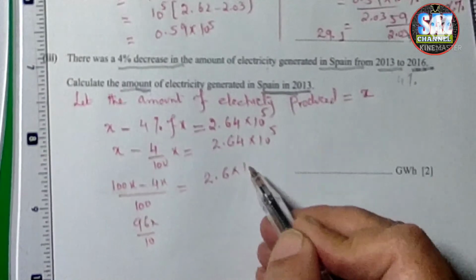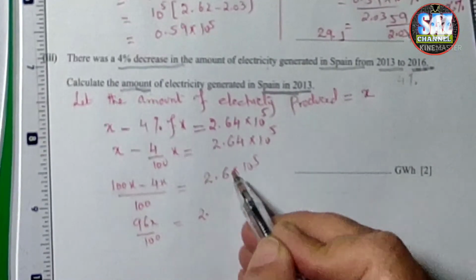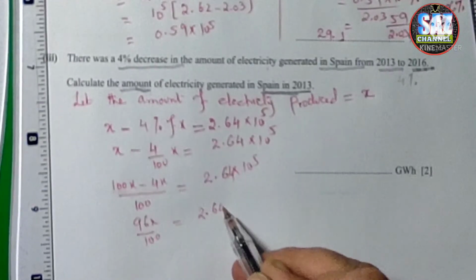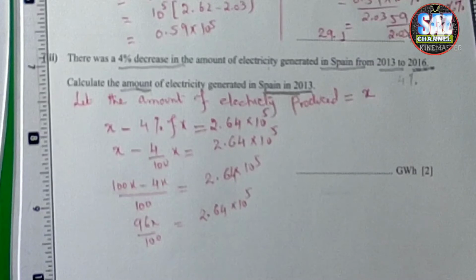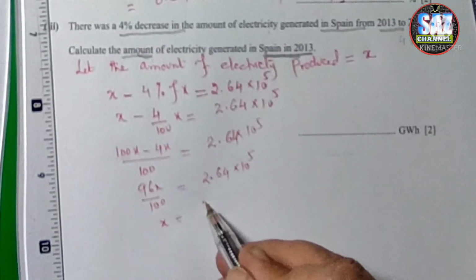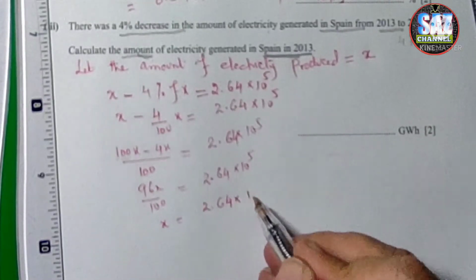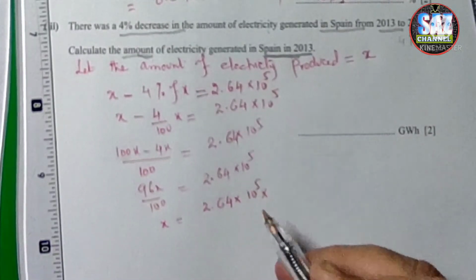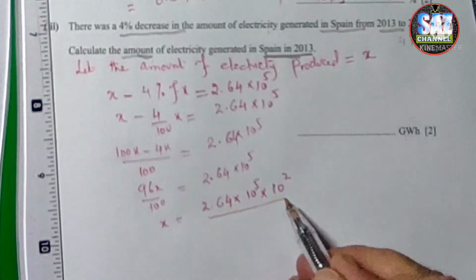Let me complete the step. 96X over 100 equals 2.64 multiplied by 10 raised to power 5, and X will be equal to 2.64 multiplied by 10 raised to power 5 multiplied by 100, that can be written as 10 raised to power 2, divided by 96.